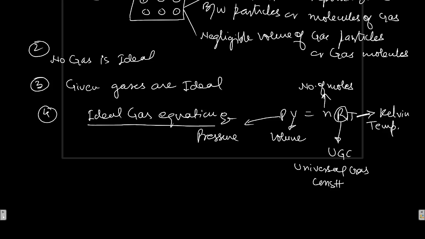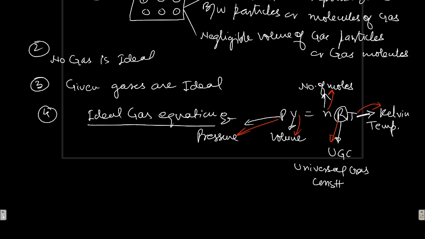So PV = nRT is the ideal gas equation, where P is pressure, V is volume, n is number of moles, R is the universal gas constant, and T is Kelvin temperature.